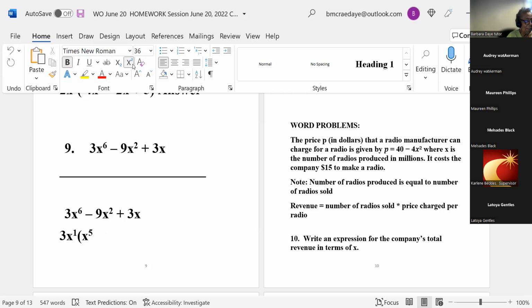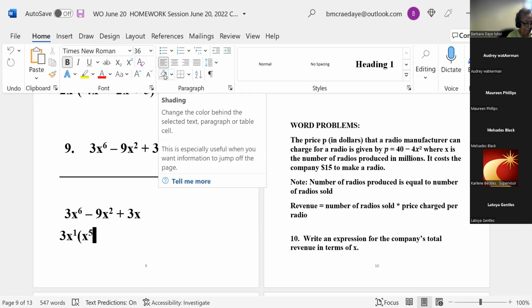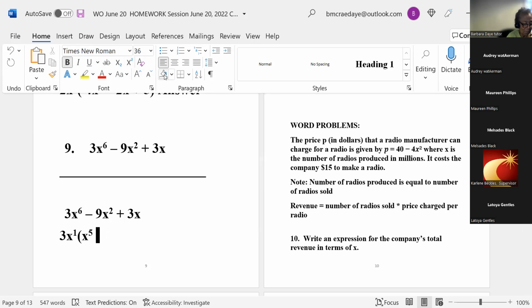Now we go to our second term, Mercedes, minus 9x to the second. Okay, so 3 times what gives 9? 3. Okay, now to get x to the second, you have x to the 1.